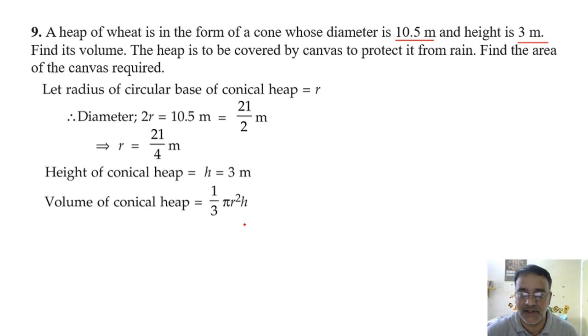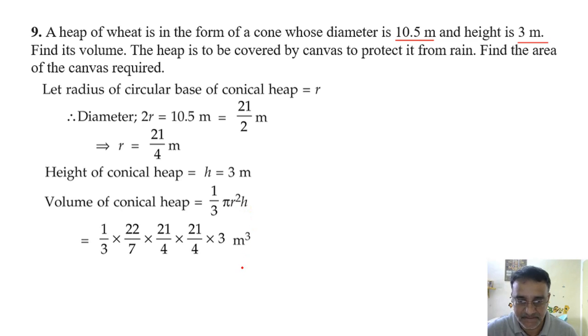Now we'll substitute all the values. Pi is 22 by 7, r is 21 by 4 and h is 3. So here one 21 we can cancel. 3 into 7 is 21. And this also we can cancel by 2. Right.